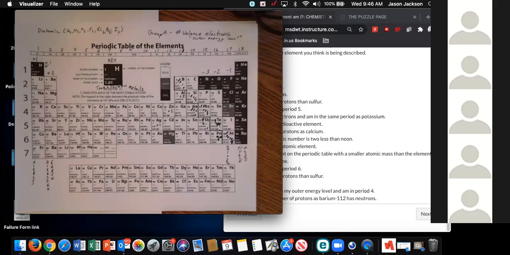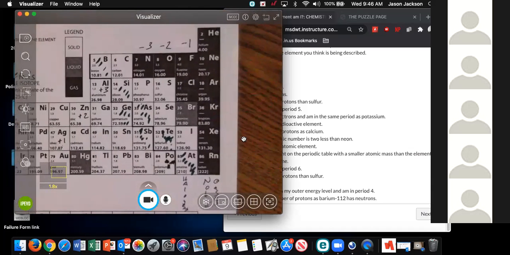OG. I am not sure what OG is on there, but it is radon. If we take a look, the darker ones, remember, are the gases, and radon is 222. The one before that would be 131.